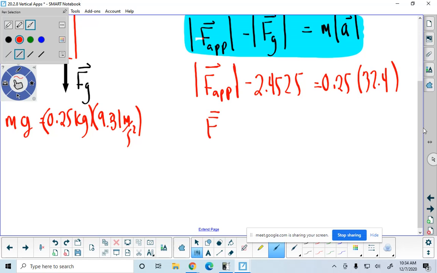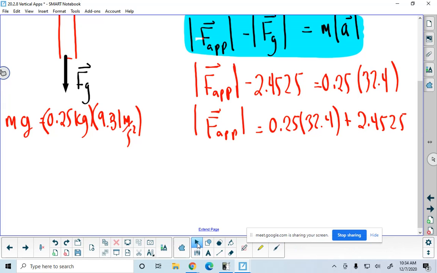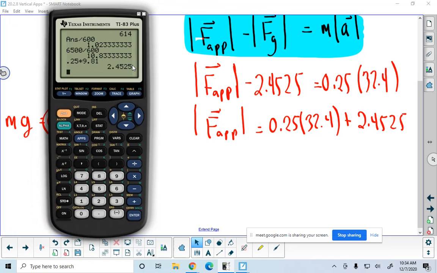The magnitude of the applied force is going to be equal to that 0.25 times 32.4 plus, we have to add that 2.4525 to the other side. 0.25 times 32.4 plus 2.4525.